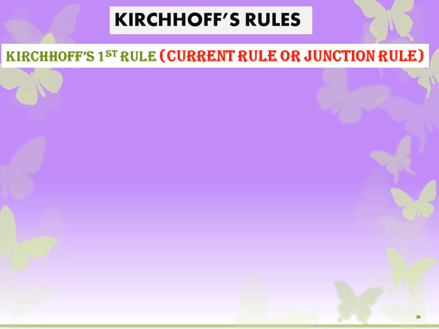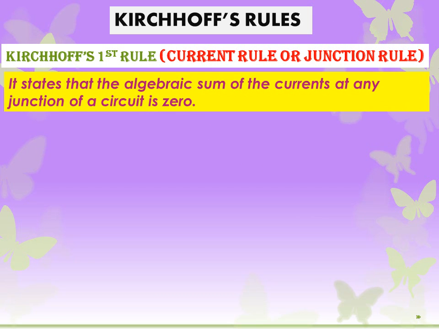First of all, let's start with Kirchhoff's first rule, which is the current rule or junction rule. This rule states that the algebraic sum of the currents at any junction of a circuit is 0. Let me give one example for you.